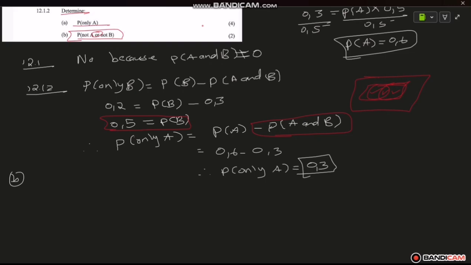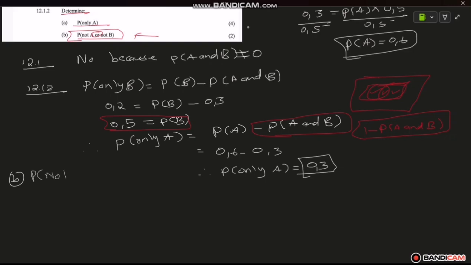Or you can say 1 minus the intersection, it will give you P of not A or not B. That's very important. Either you can use the Venn diagram or you can use 1 minus P of A and B, which is what I'm going to use right now.